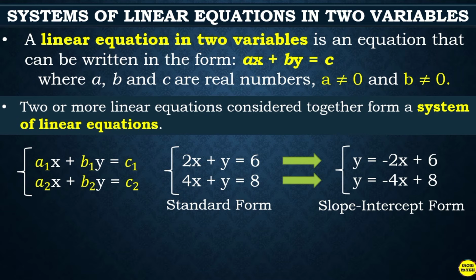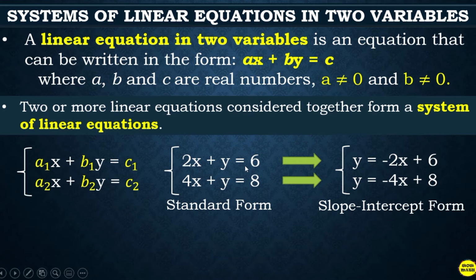Kapag meron kang standard form, pwede siyang i-write din as slope-intercept form. So, minsan kasi ang given natin naka-standard form, minsan naman naka-slope-intercept form, or minsan combination. Minsan yung isa, standard form, yung isa slope-intercept.